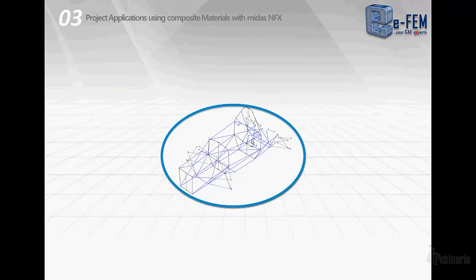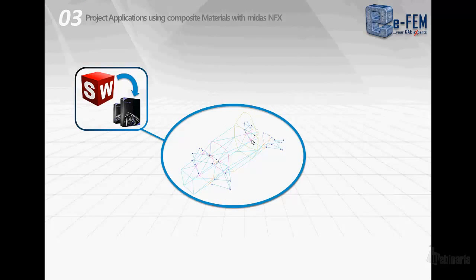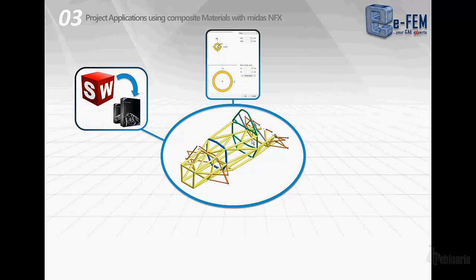The work started from the CAD model of the frame, actually the work started from the wireframe of the car, so the axis of each beam element. This axis has been imported into Midas NFX, and onto each axis the finite element model has been defined, applying the correct section for each beam.